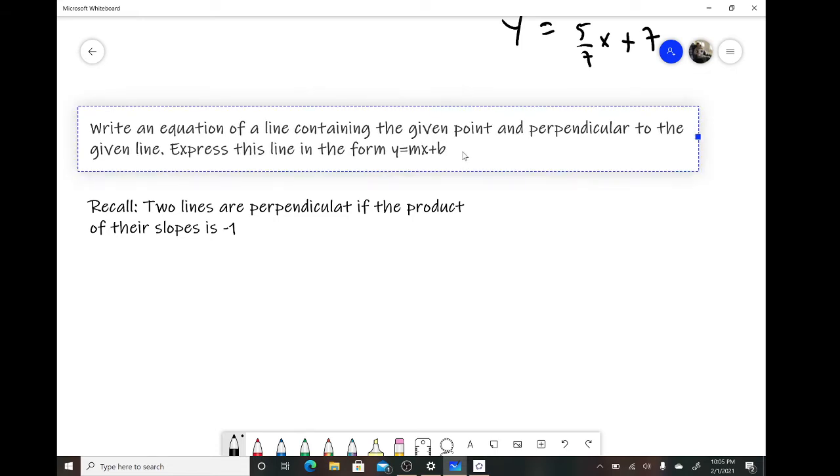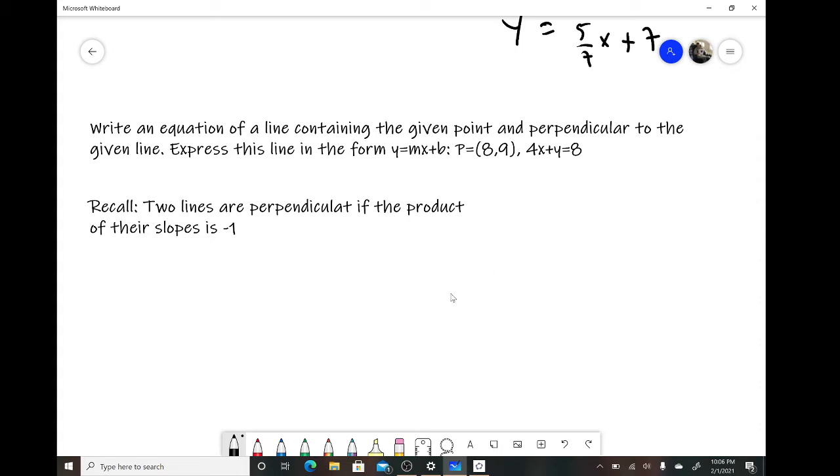Let me go back here because I just realized I never gave us the actual problem. So the point, I'm going to call it P, that we want to pass through is 8, 9. And the equation of the line is given by 4x plus y equals 8.